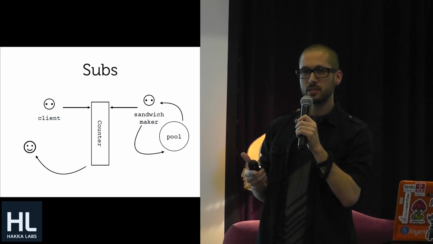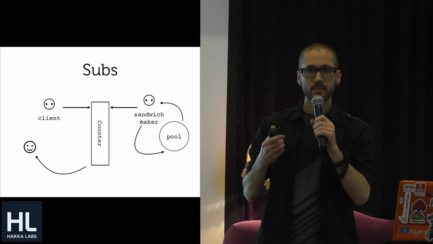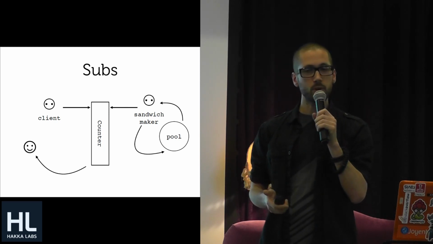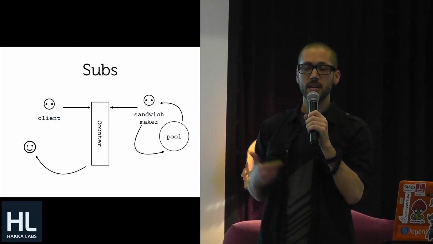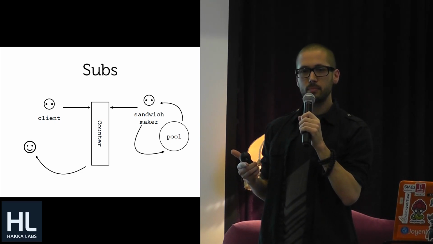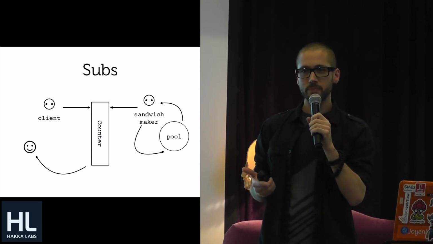The sandwich maker doesn't talk to a different client, doesn't take a break. That person is completely dedicated to you until the sandwich is done and you walk away with it, at which point the sandwich maker returns to the pool and then maybe takes the next client off of the eater queue.